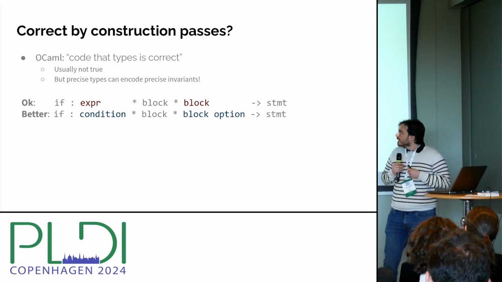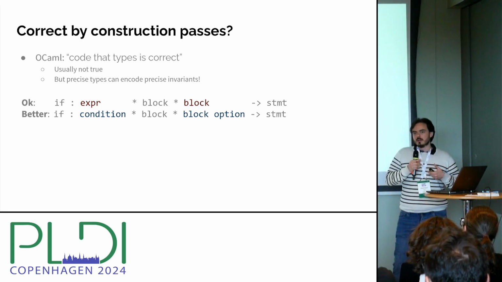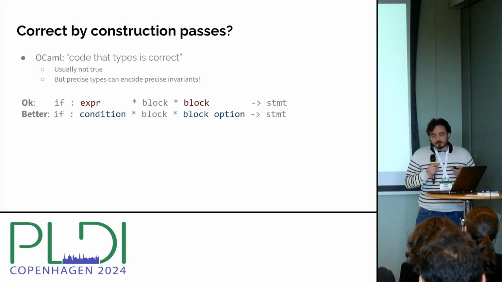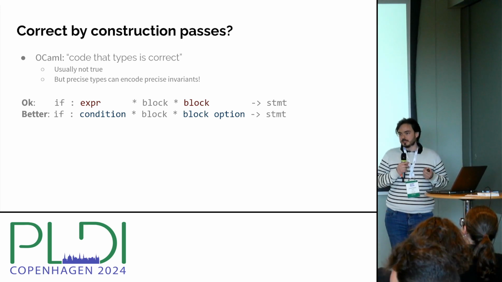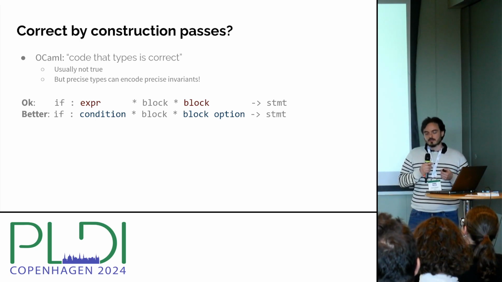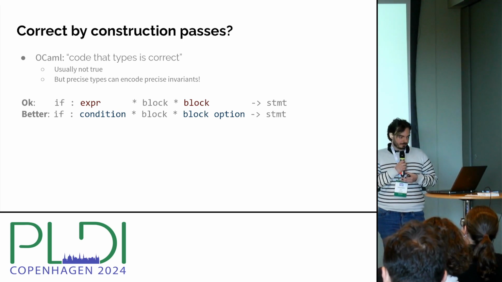And for example, here, one way of making your language more precise only by typing, in this simple example, is in the first case you have an if statement with an expression as the condition and two branches. One block is for the else part and the other is for the then part.